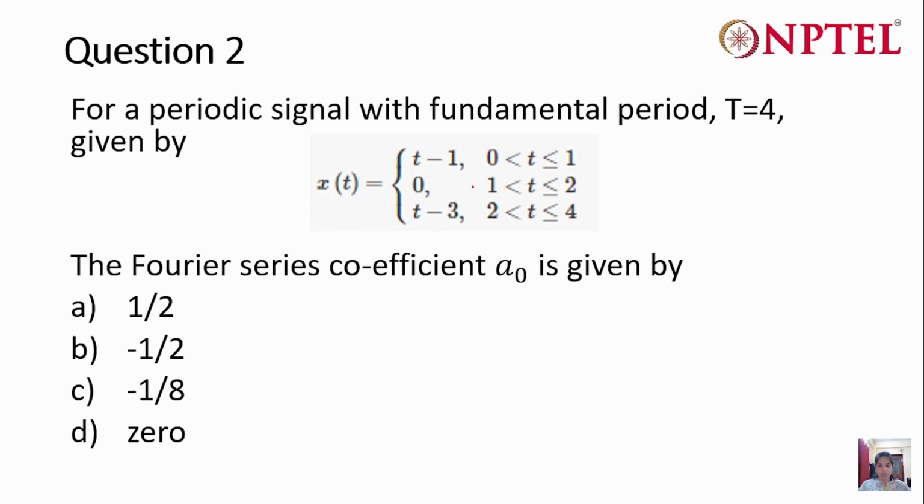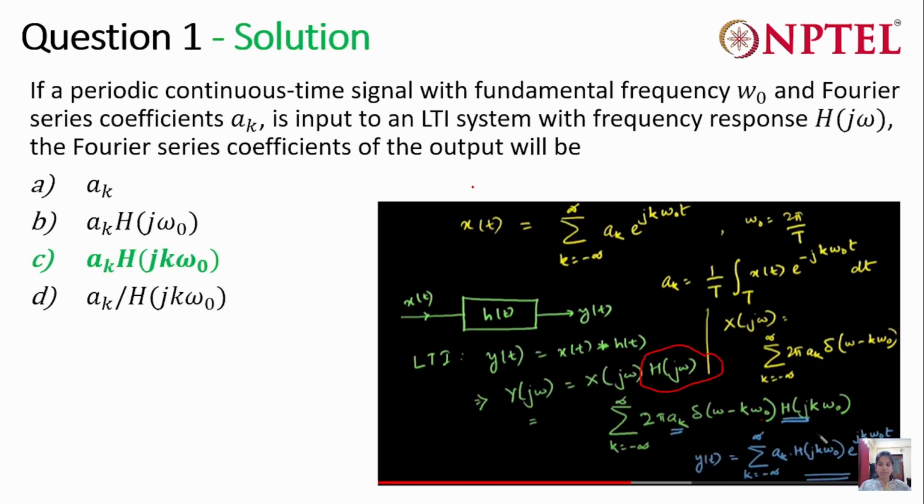So now we have to find the Fourier series coefficient. What is our formula? x of t is summation k equal to minus infinity to infinity ak e power jk omega naught t, where for every ak we have an expression and we have to solve it.